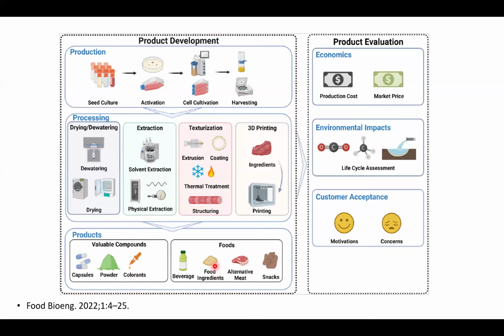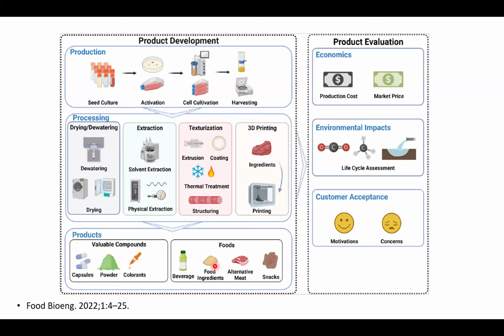Or maybe alternative meat. Alternative meat is a term we should be careful to use, because in reality meat is meat. You can say alternative proteins, but in reality meat is meat, or animal-based meat.